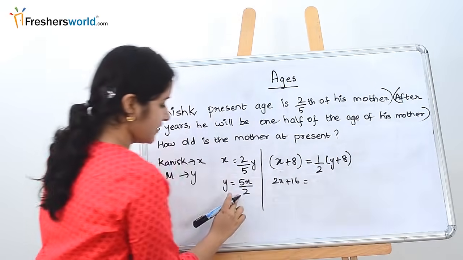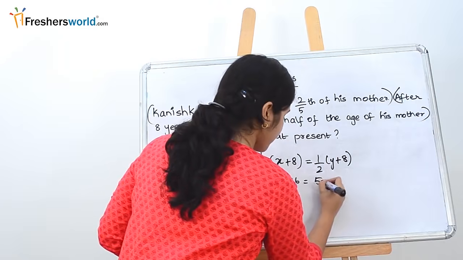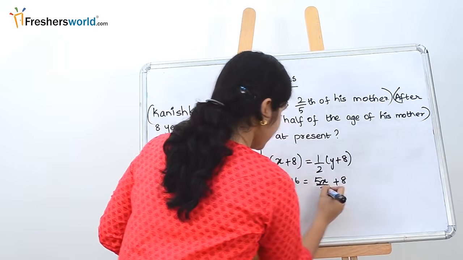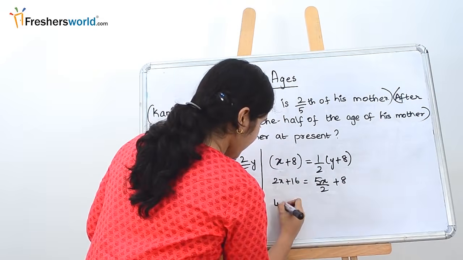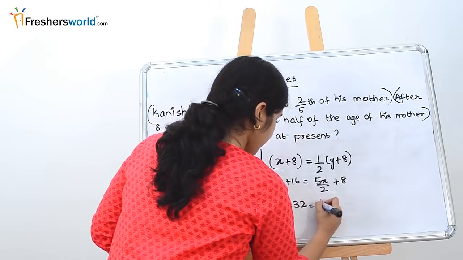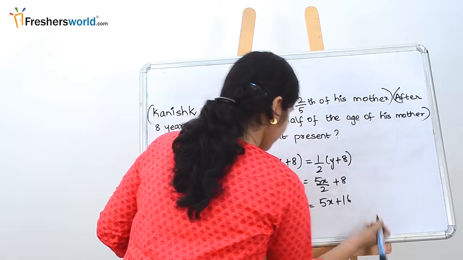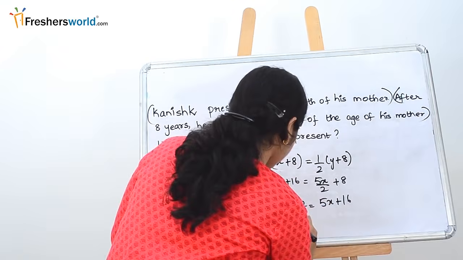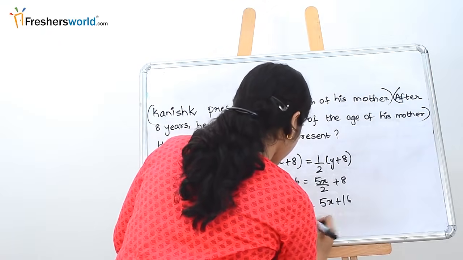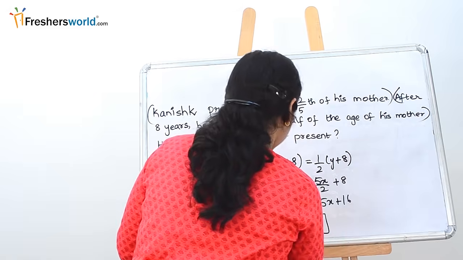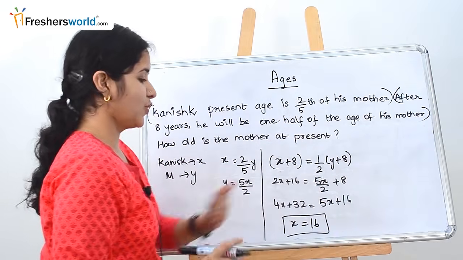Y we can write as 5X by 2 plus 8. Just cross multiply by 2 again: 4X plus 32 equals 5X plus 16. So take 5X there, X is equal to 16.